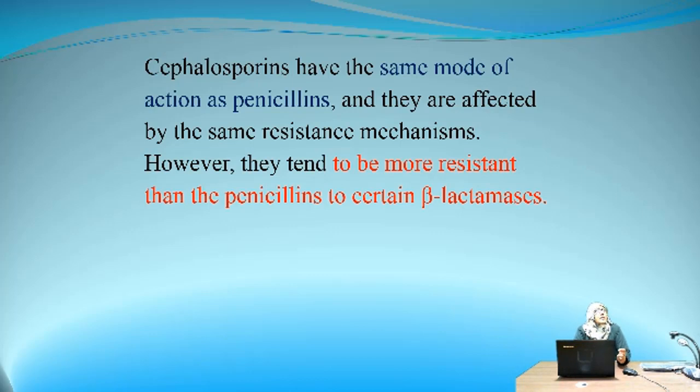Thus, the penicillins and cephalosporins are similar in structure, function, and mode of action, and they are affected by the same resistance mechanisms. However, they tend to be more resistant than the penicillins to beta-lactamases.